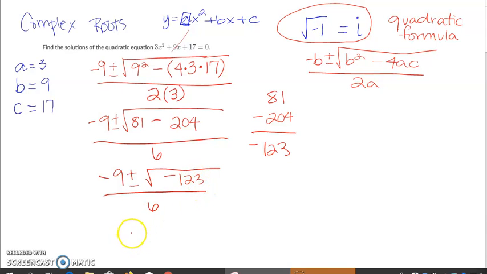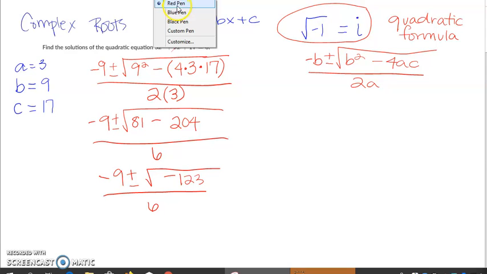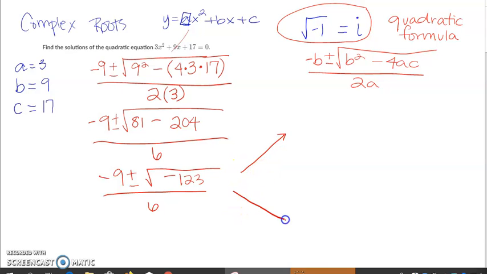The way that I can rewrite this almost is into two different answers. If you'll think about it, when we talk about the solutions of a quadratic equation, it's the places where it crosses the x-axis, right? So a lot of times you do have two answers.